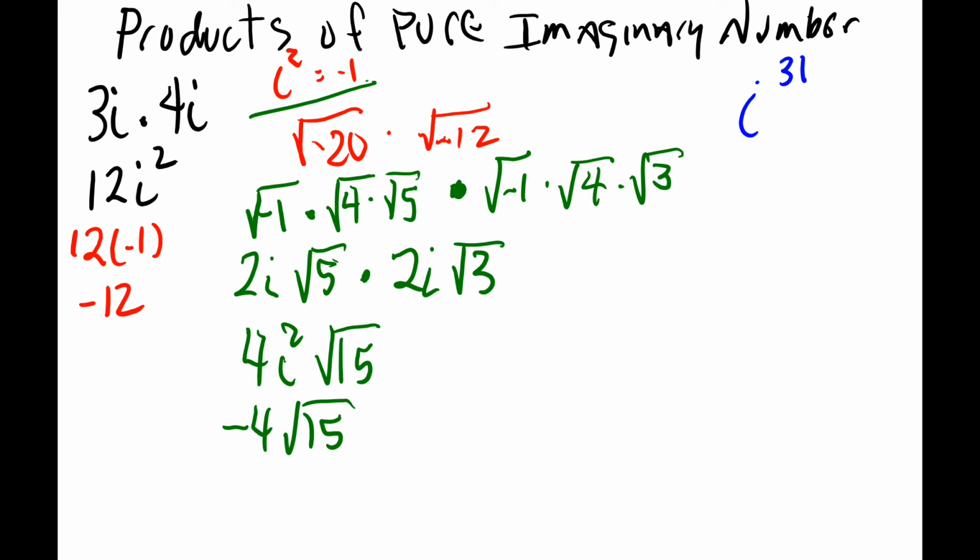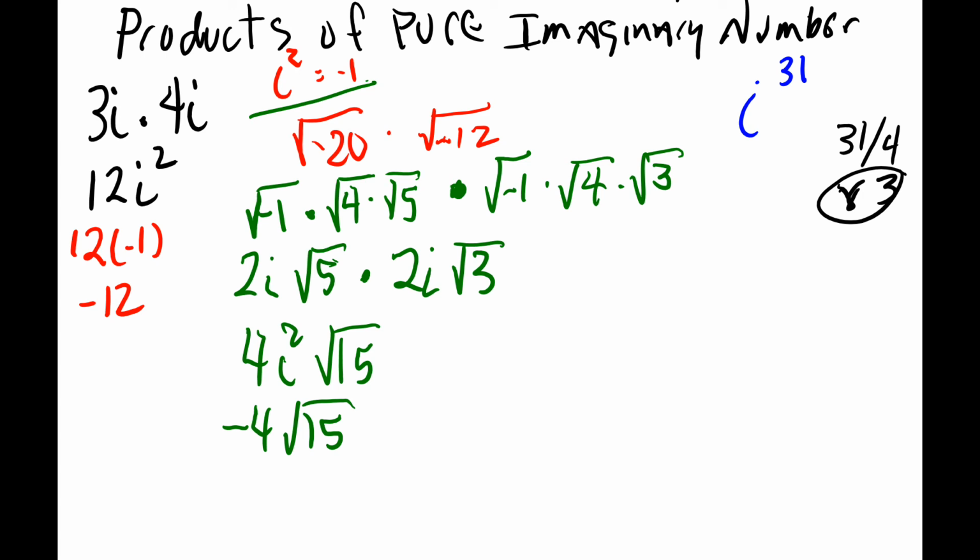And I'm going to take the 31 and I am going to divide 31 by 4, excuse me. 31 divided by 4. And I'm going to focus on the remainder. So 4 goes into 31 7 times, and that would leave me with a remainder of 3. 4 times 7 is 28. 31 minus 28 is 3.